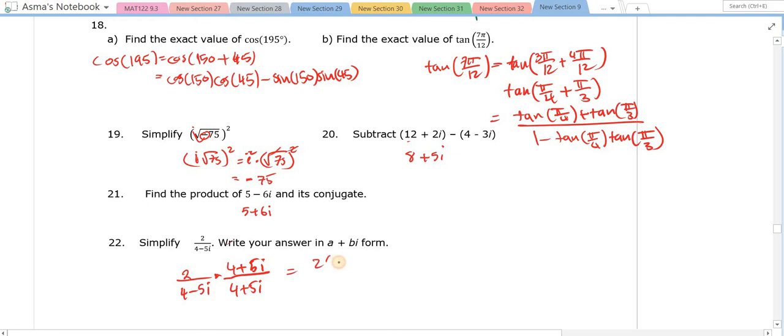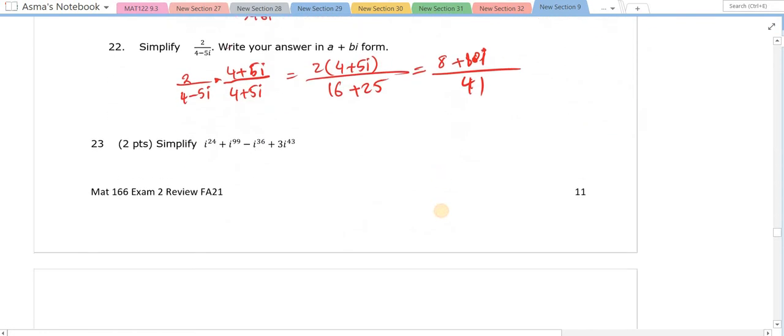So this is equal to 2 times 4 plus 5i over 16 plus 25, which is equal to 8 plus 10i over 41. You split it or leave it like that, doesn't really matter that much.